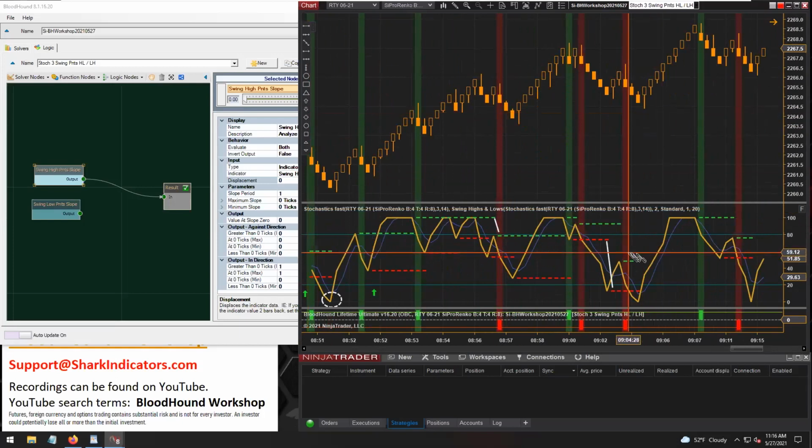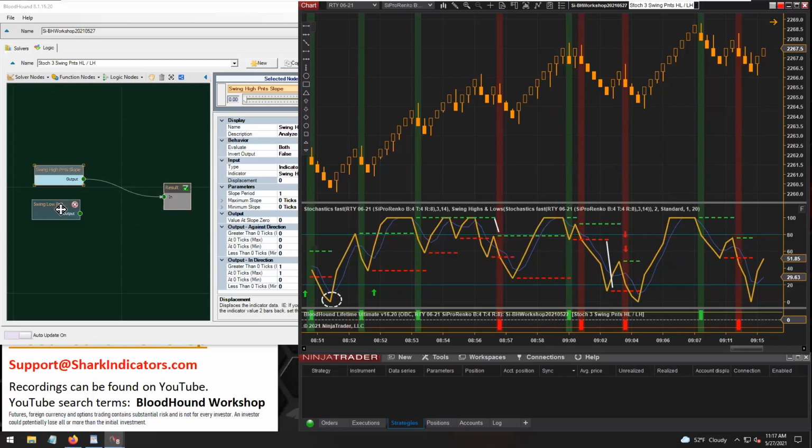I should probably start marking a few spots where I would expect to see some signals once everything's finished. So here we can see the swing highs are stepping down. This would be our first swing high stepping down. And then this would be our second swing high stepping down.